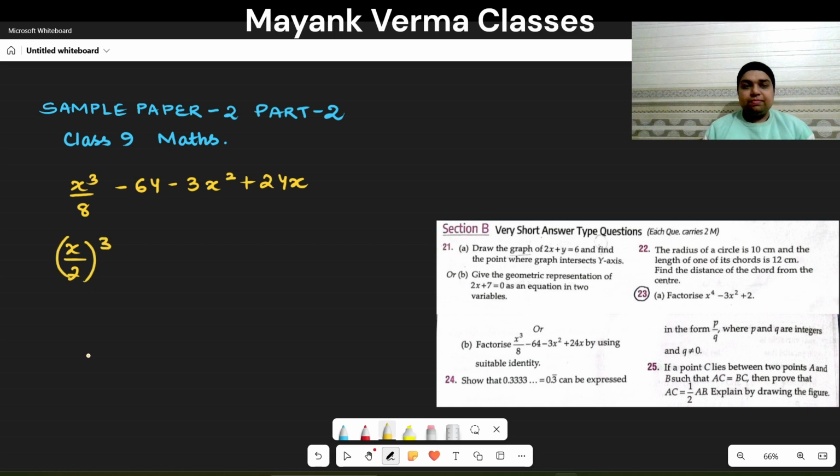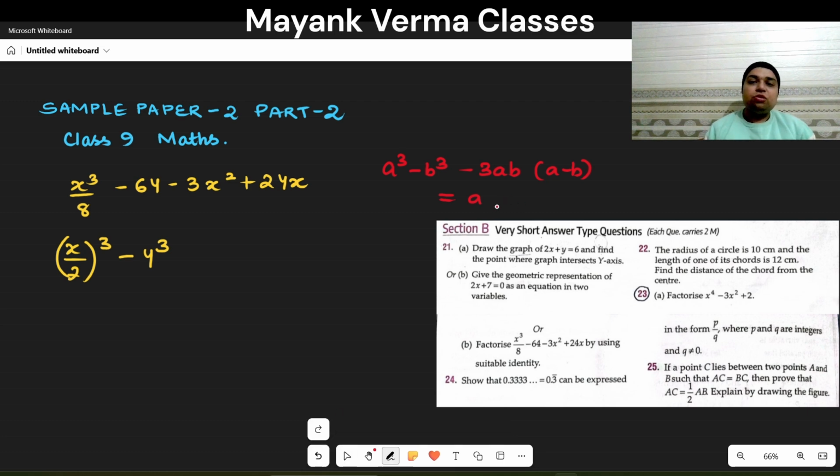I can say this thing, right? And 64 is 4 cube. Now remember, there is an identity that says a cube minus b cube minus 3ab times (a minus b) is equal to (a minus b) whole cube, right?